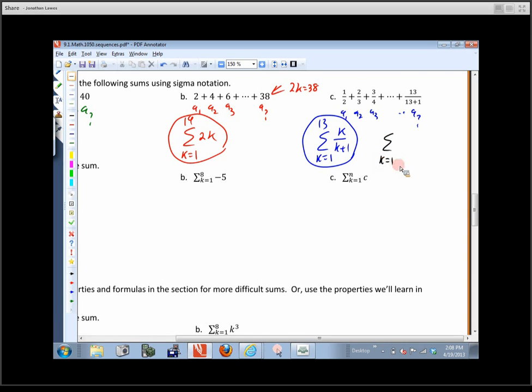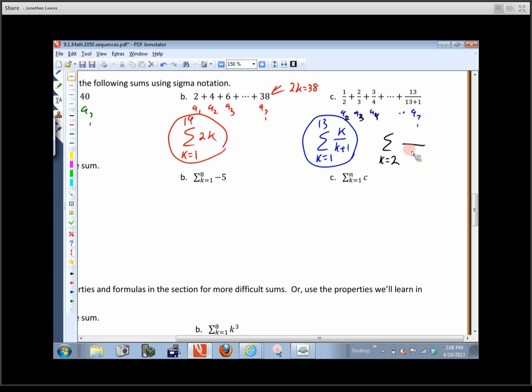Let's say I wanted to start at k equals 2. If I wanted this to start at k equals 2, well, that would be like a 2 and a 3 and a 4 and so forth. So what's the bottom?